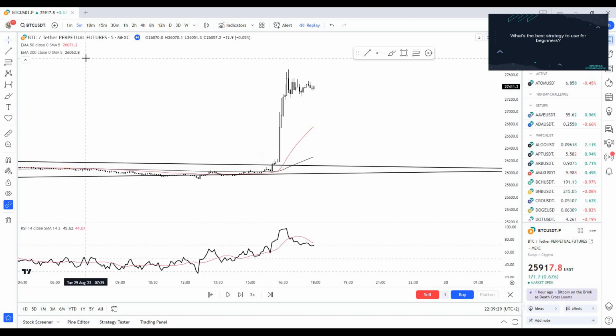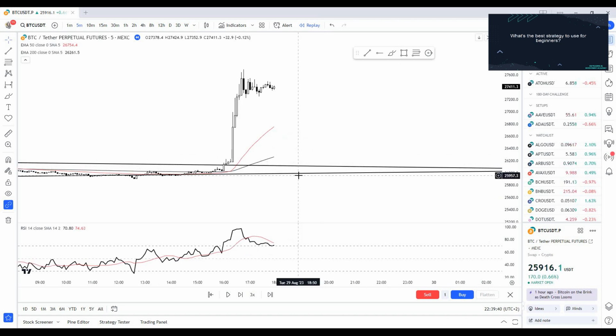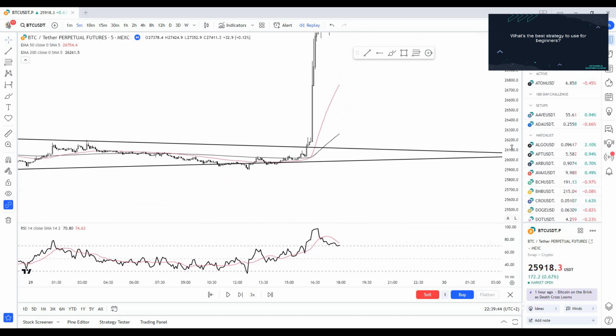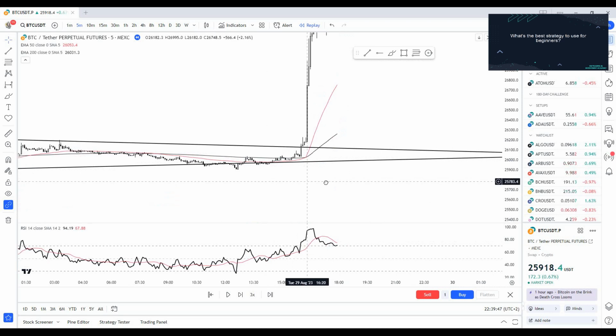So what I never do is enter on the breakout itself. I want to have at least 3 candles below the trend line.